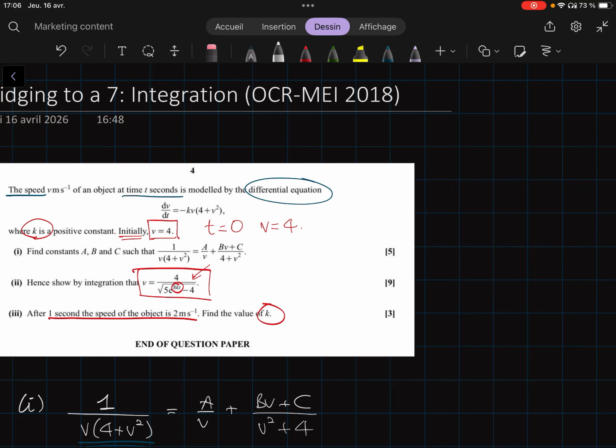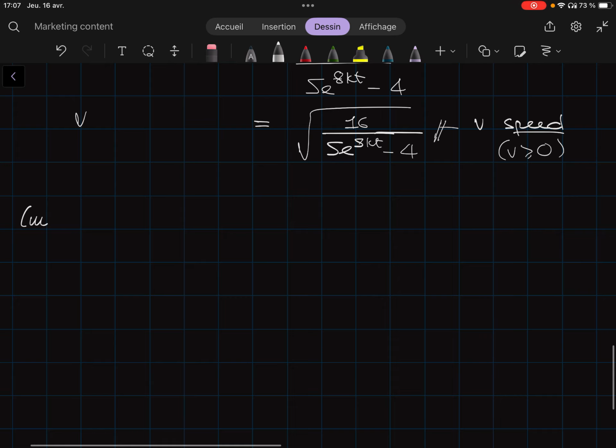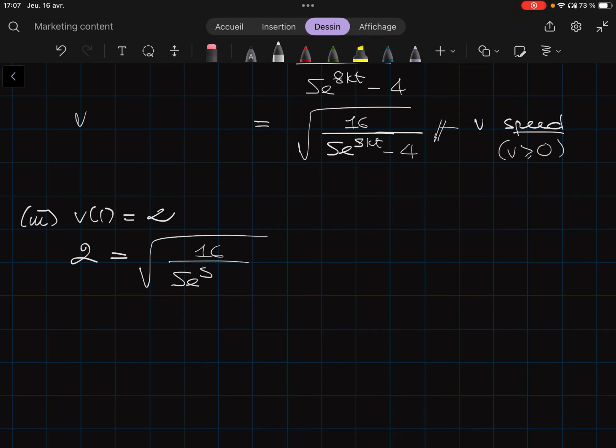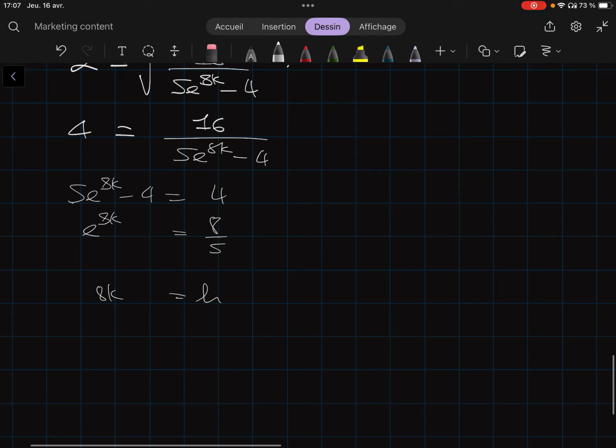We know that v of 1 is equal to 2. Well, that means, of course, this has to be true. Squaring both sides. And this is the end of the question.